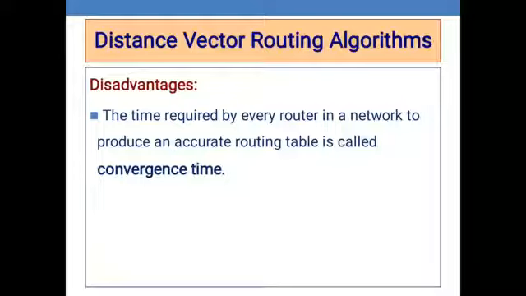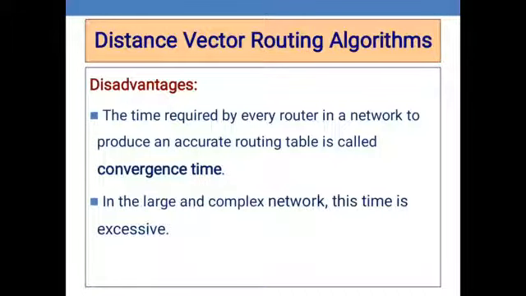Convergence time means all the routers in that network maintain the same routing table, with the same distances. That is called the stable time or convergence time. It is a drawback because it is the time required by every router in a network to produce an accurate routing table.